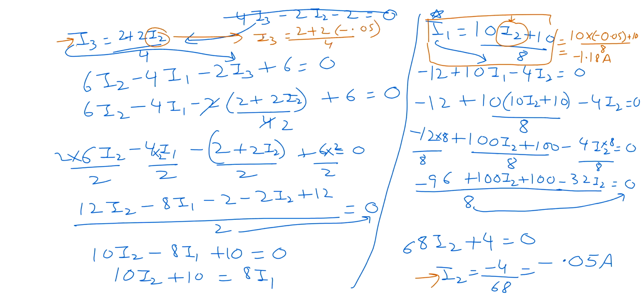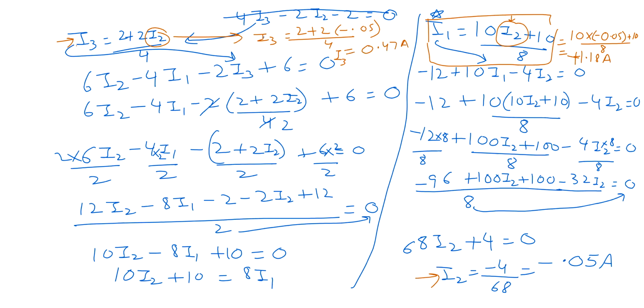It gives me 0.47 ampere as I3. So I got value of I1, I3, and I2. Now you find the values of currents in each loop.